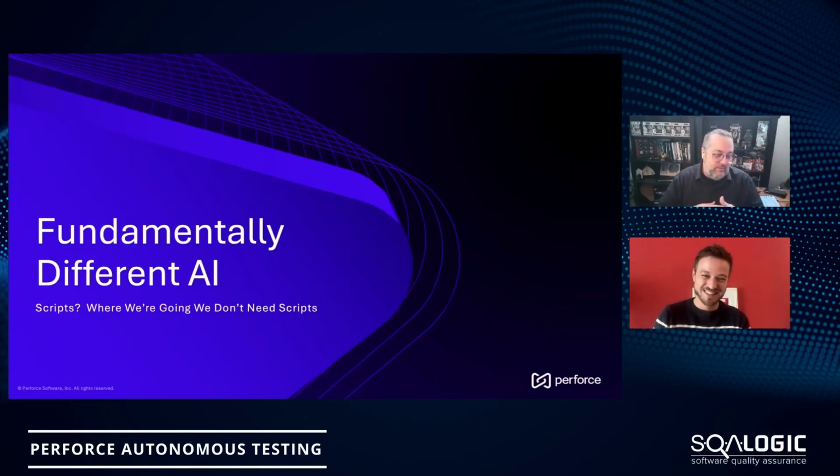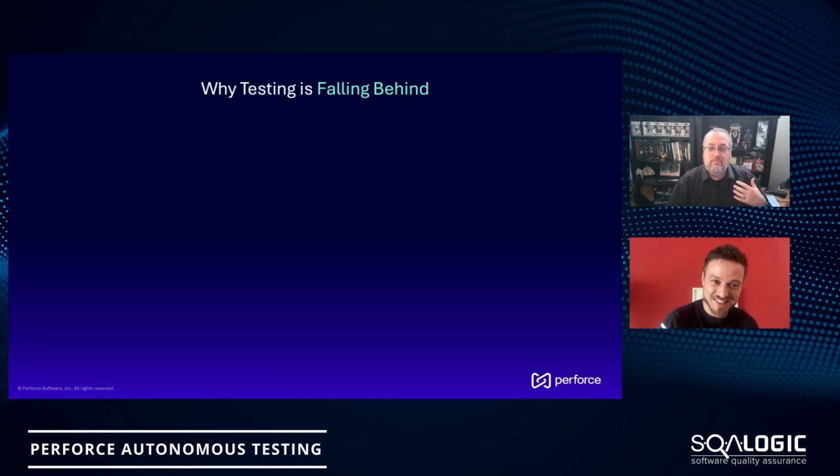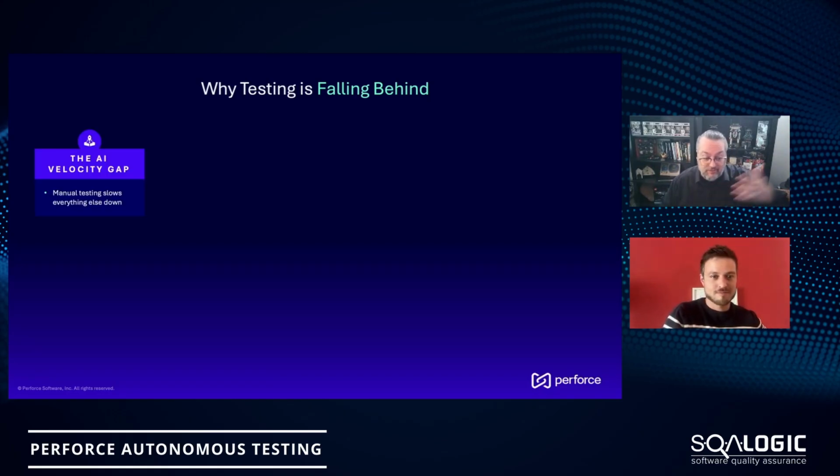So this is a fundamentally different approach to AI for testing, right? And to use that example from Back to the Future, where we're going, we don't need scripts, right? From Doc Brown from Back to the Future. So testing's been falling behind, if we're honest with ourselves in the testing industry. And why have we been falling behind? Well, because AI has increased the velocity of development, right?